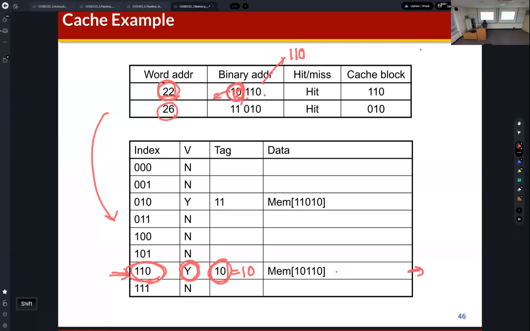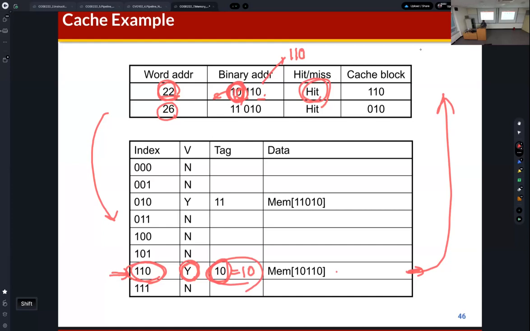So we access the cache with the index part of the address, and then we just compare the tag in the address with the tag stored in the cache. If the tag in the address is the same, it means the request data is in the cache. Okay, it's a hit. Then this data is given to the processor. Okay, do you understand?